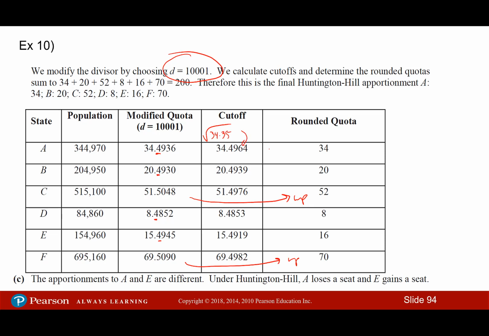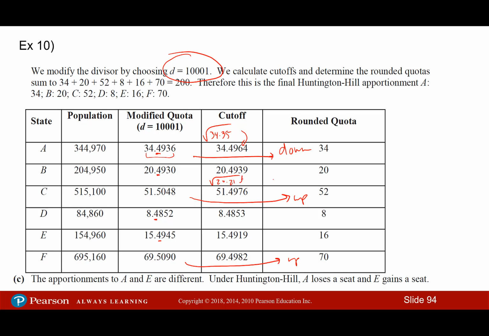But now notice, using 10,001 as our divisor, notice that this now falls under the requirement. So 0.4936 versus 0.4964. So now this is going to be rounded down. Comparing 20, this is 20 times 21, square root.